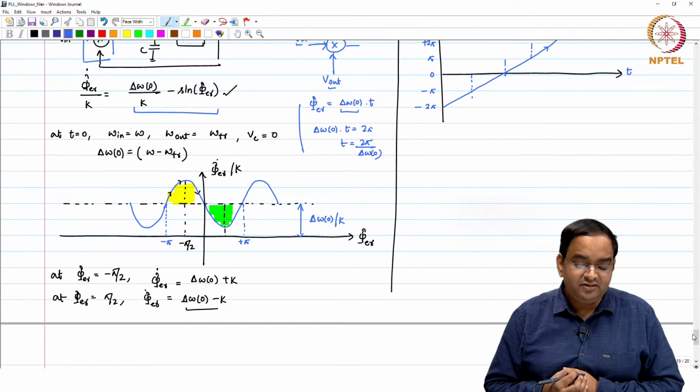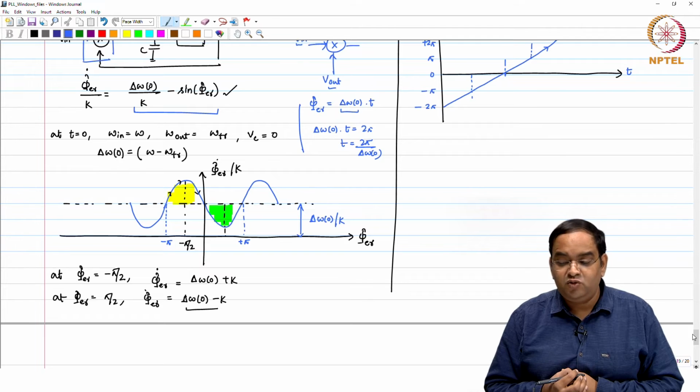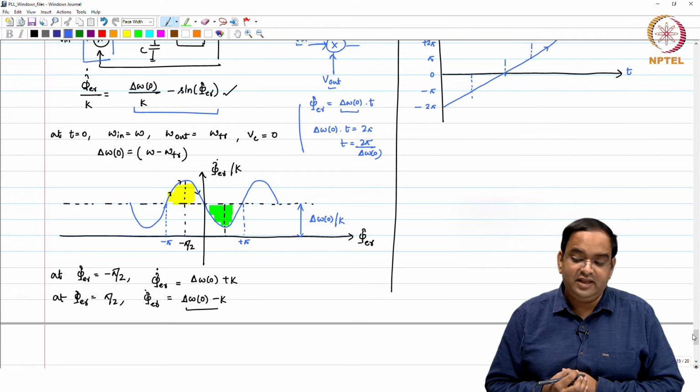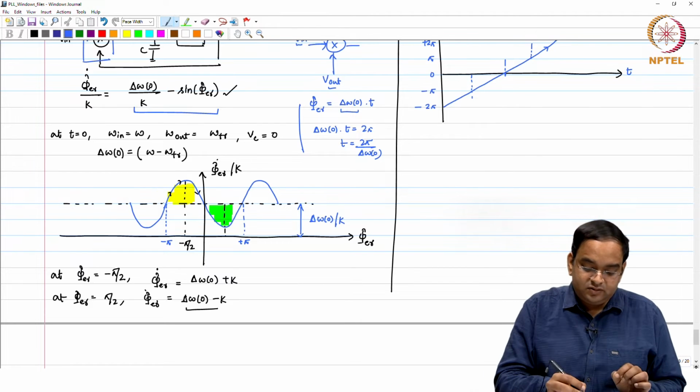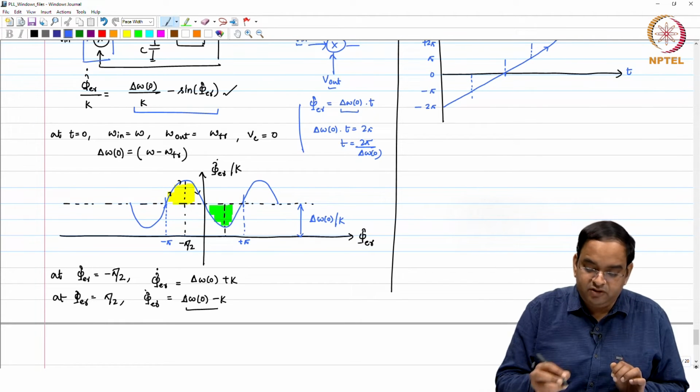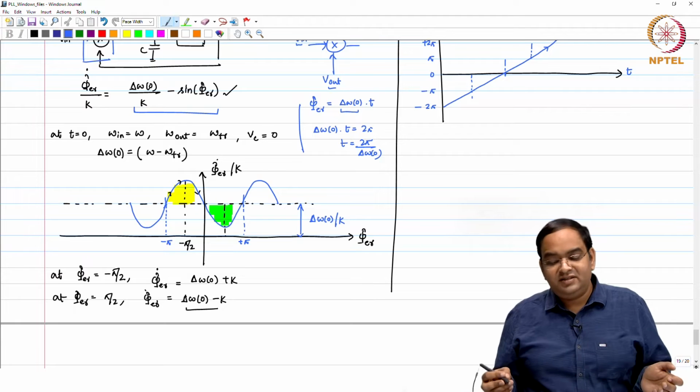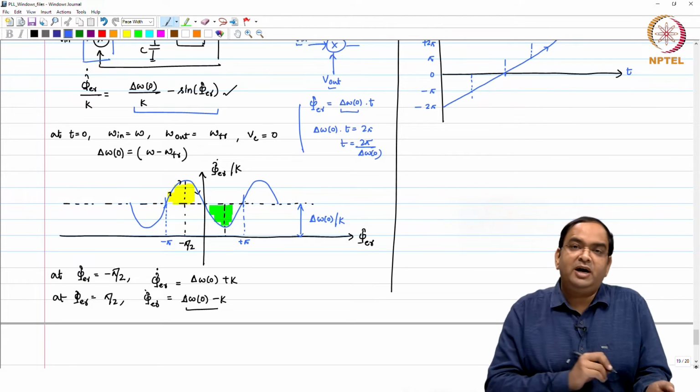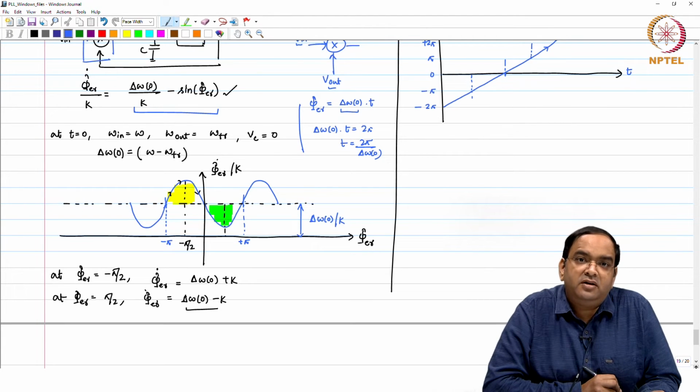We have seen this: your rate of change of phase error when your phase error is minus pi by 2 is fast, and when your phase error is plus pi by 2 it is slow, and this rate of change accumulation of the phase error is periodic in nature. Whatever is happening in one period, the same thing is going to happen in the other period.